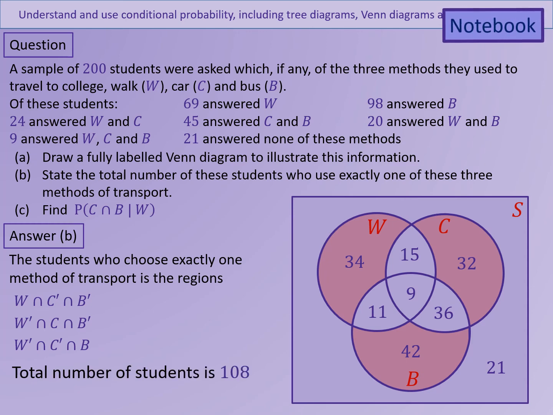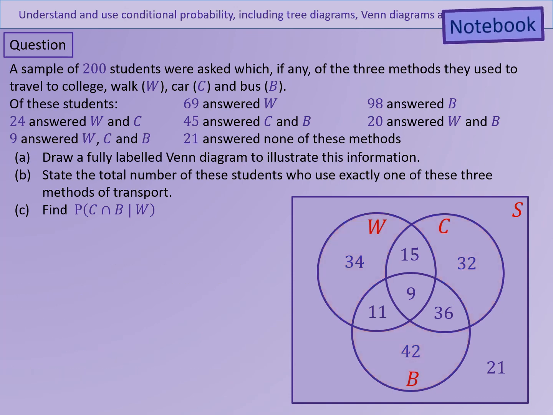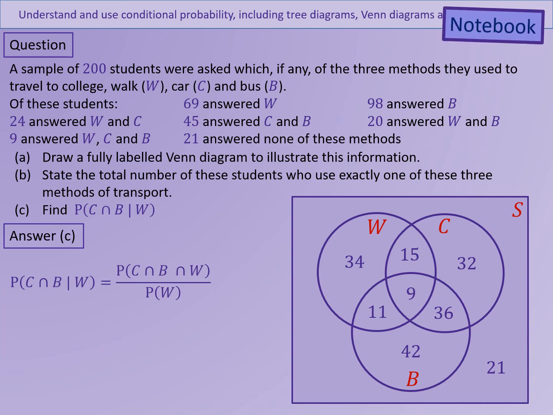So you've got a total there of 108 students that do exactly one form of transport. But 108 students would be out of the 200 if they wanted the probability. Now, I do apologise, it was just asking for the total number of students. If they wanted the probability, it would have been 108 out of 200. Okay, I just rushed on a bit there.